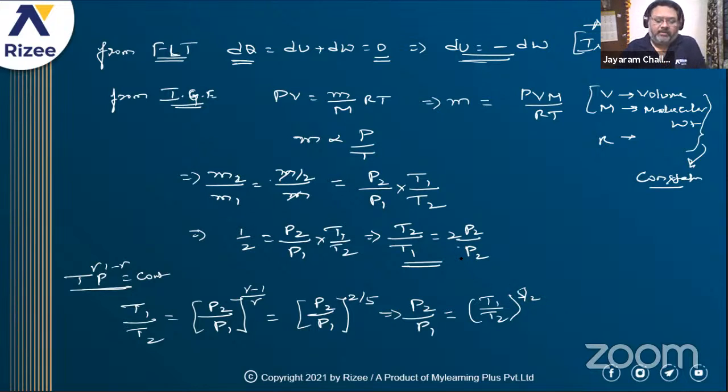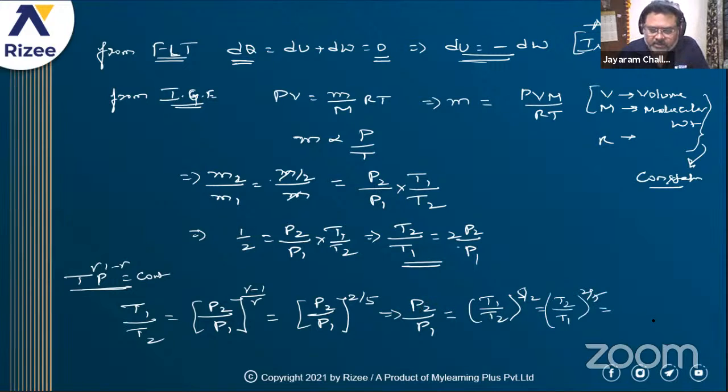Since we do have a relation between them, P2 by P1 here can be replaced with T2 by T1. So if I reverse this particular case, I'll be replacing this with T2 by T1 to the power of 2 by 5.